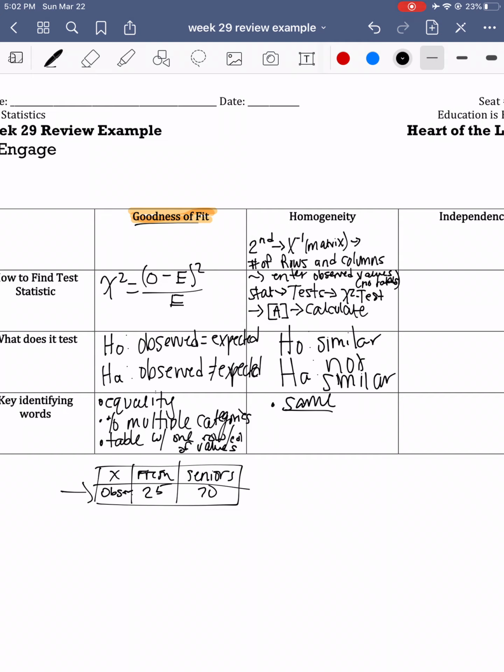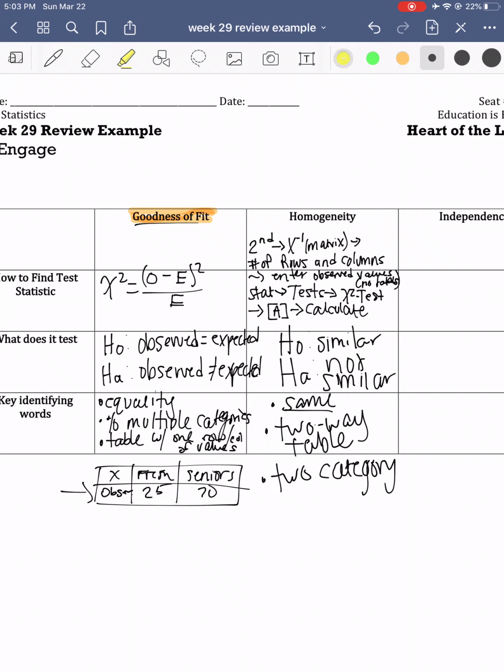And then you have a two-way table, and here you're looking at two categories rather than just one as in the goodness of fit test.